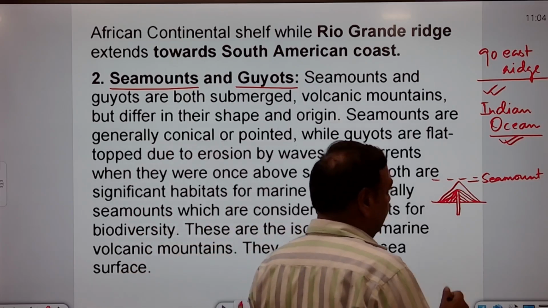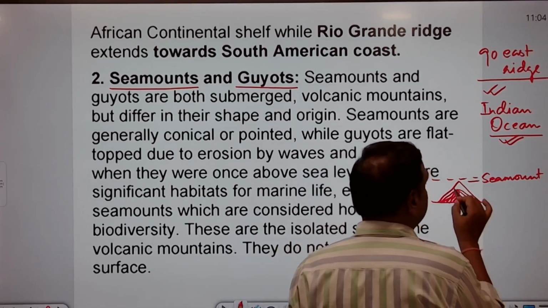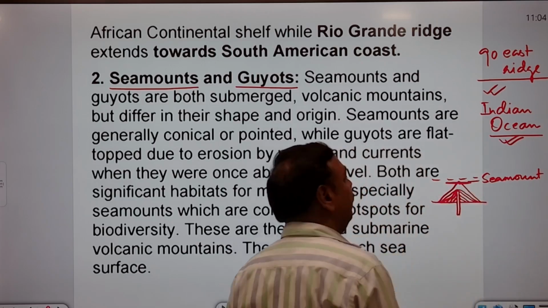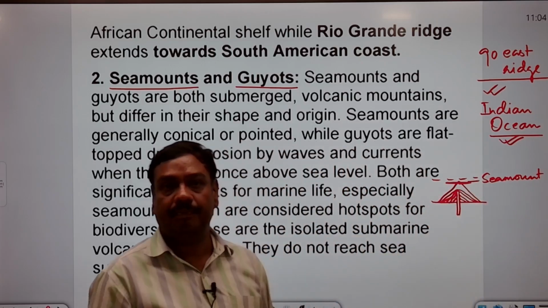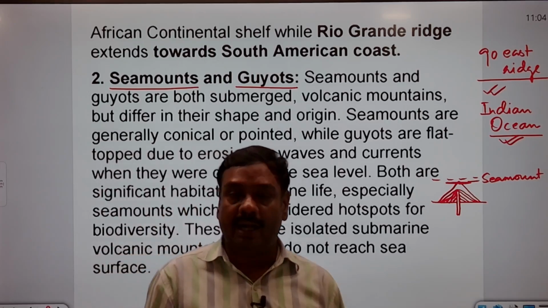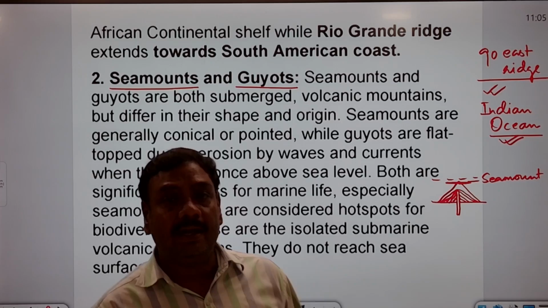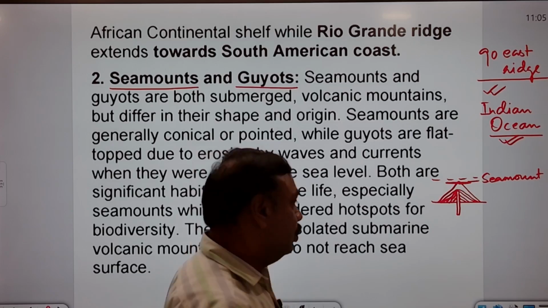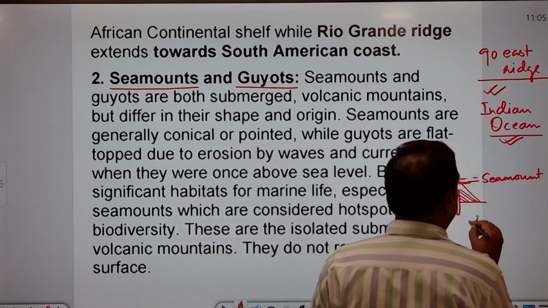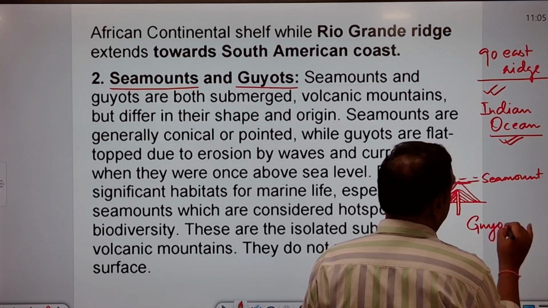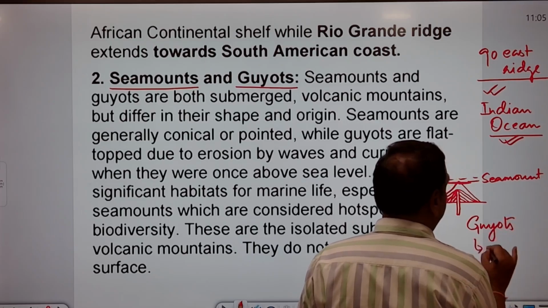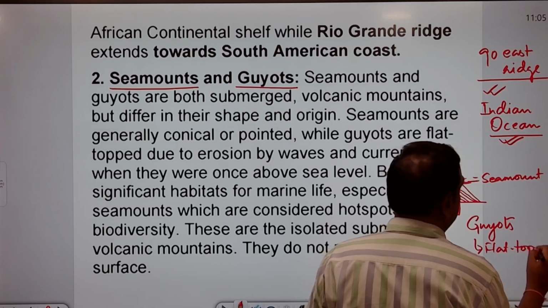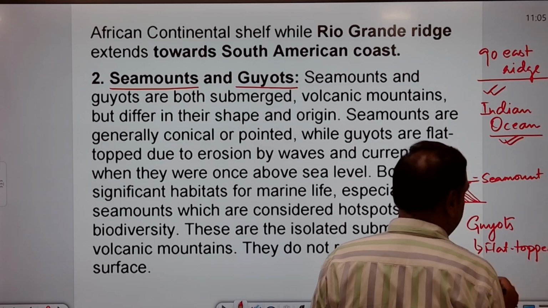And not only this, sometimes it happens that due to continuous erosion, the top of a seamount becomes flat. This flattened kind of seamount is called a guyot, right? So guyots are flat-topped seamounts, right?